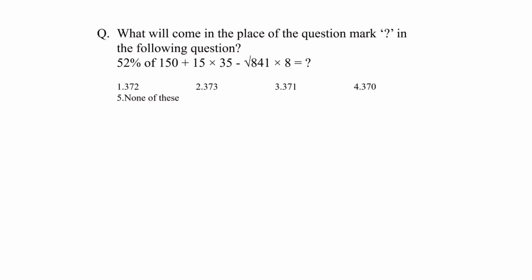Next problem. 52% what will come in place of the question mark in the following? Approximation model, the simplification model. 52% of 150 మరి 150% of 52గా ఊహించుకున్నట్లయితే అది 100% of 52 plus 50% of 52 చేయొచ్చు. 52 plus 26, 78 plus 15 into 35. 450 plus 75, 525 minus square root of 841 is 29 into 8.